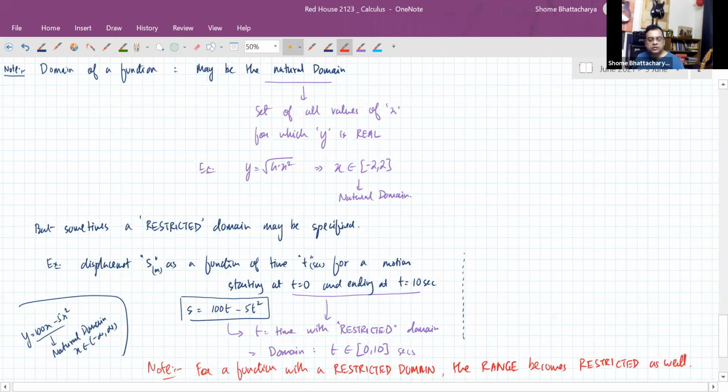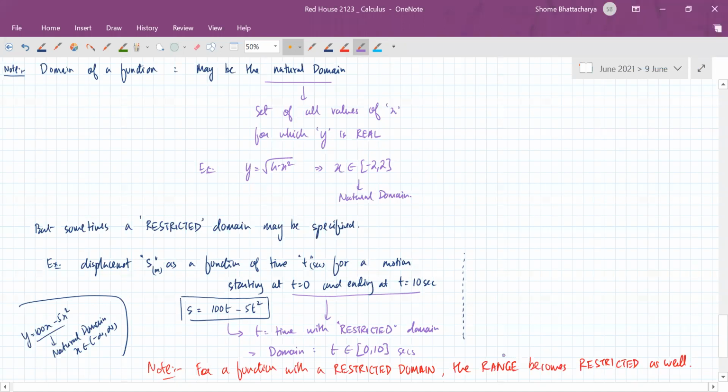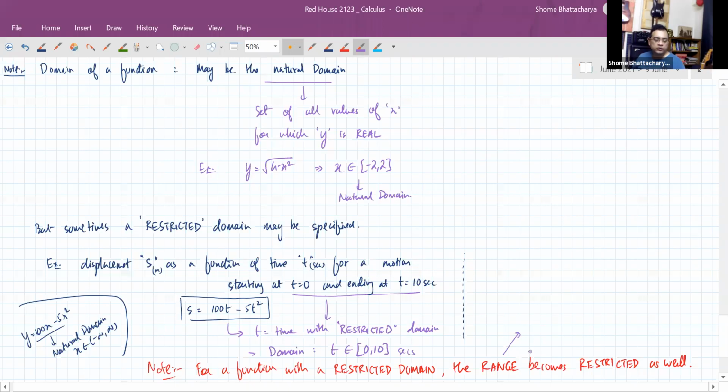So then the range is defined by the same thing. It is the set of all possible values of y for the given domain. But now that given domain is a restricted domain.